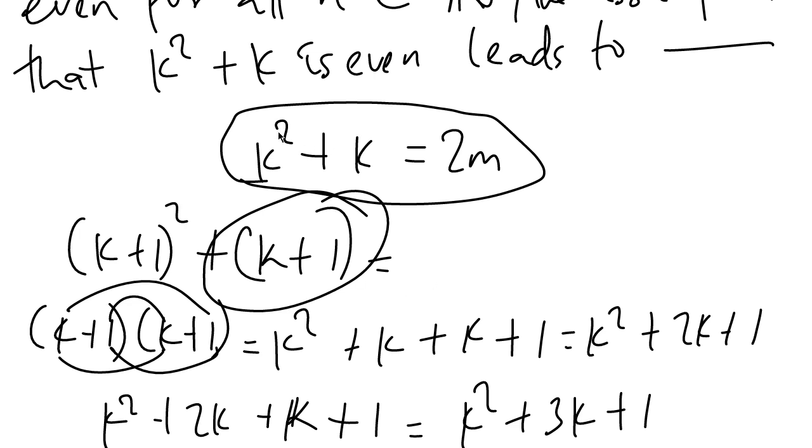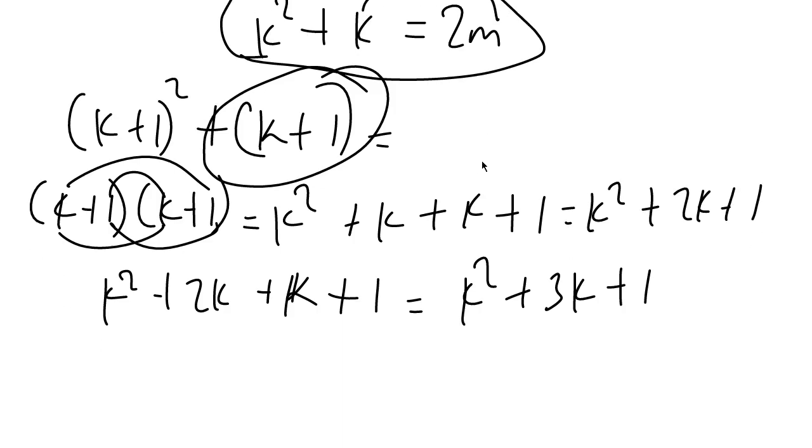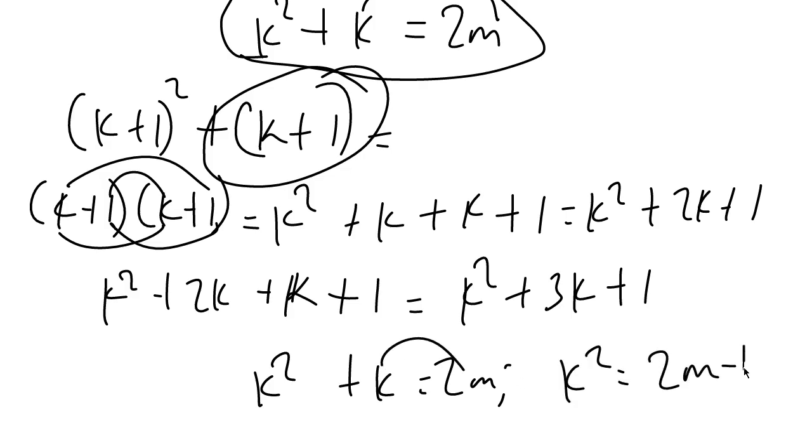Then you will now relate it to when k was just substituted. You are seeing k squared here, you are seeing k squared here, you are seeing a relationship. You can now see that this positive k can shift to the right hand side. Are you getting me? You have k squared plus k equal to 2m. If you move this here, it becomes that k squared is 2m minus k.